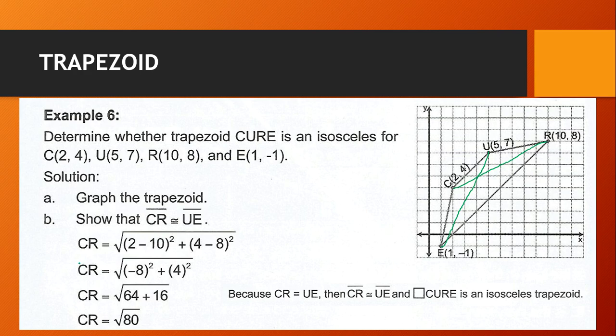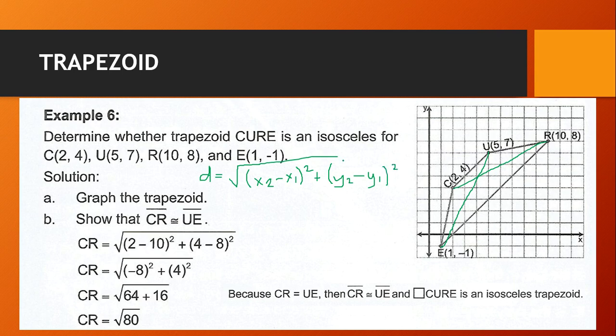Okay? So, as a review, the distance formula: D equals the square root of the quantity x sub 2 minus x sub 1, then squared, plus the quantity y sub 2 minus y sub 1, squared.